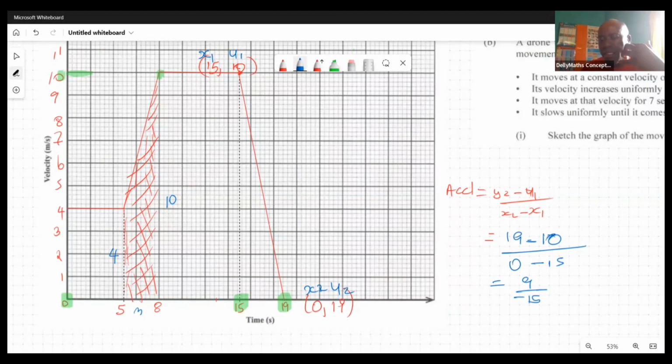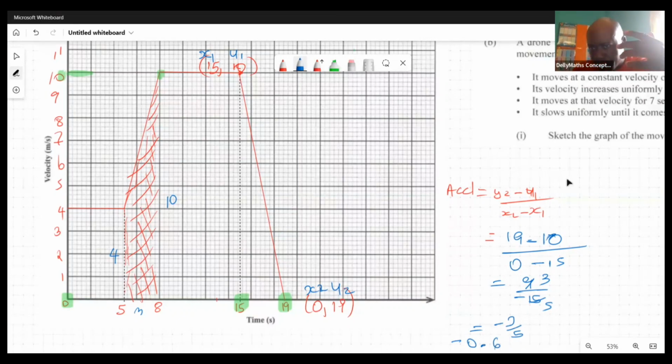So the acceleration is, as you could see, negative because it was slowing down. So we're talking about negative 9 over 15, and you could cancel by 3: 3 into 9 is 3, 3 into 15 is 5. So you're talking about negative 3/5 or negative 0.6.